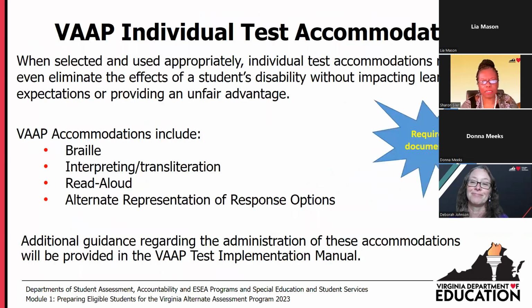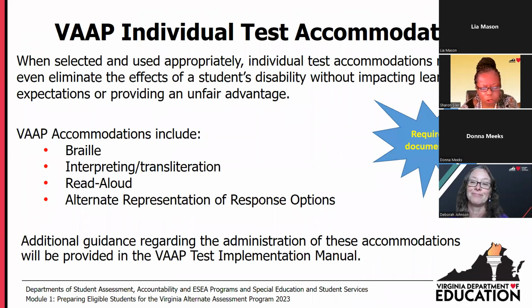The next slide talks about the individual test accommodations for the VAAP. And you can see that the VAAP is very different from the SOL test, because for VAAP, we only have 4 individual accommodations.